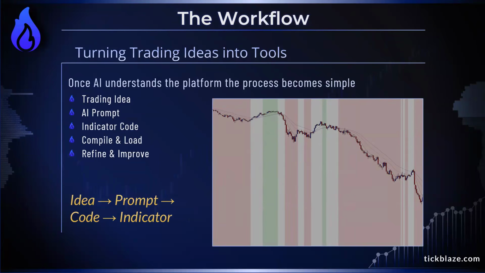AI is going to do all of this for you, but you have to understand how to put it into a structured logic. You feed it into AI, AI builds the indicator. You load it, then you find out there's errors, then AI fixes it. And that's the loop. It's just a matter of a little bit of time, but imagine how much time you save by not relying on back and forth with a developer or having to go learn how to code it.